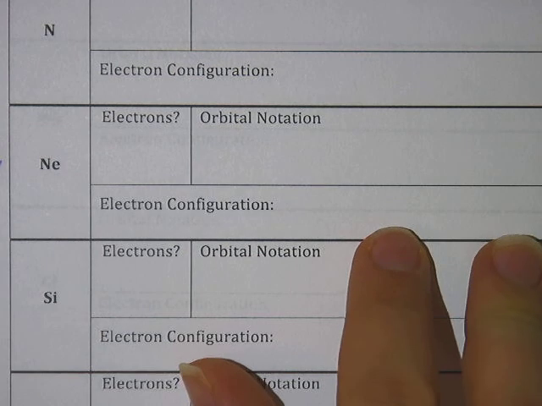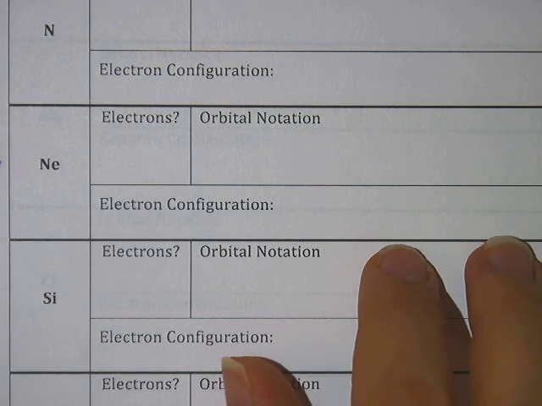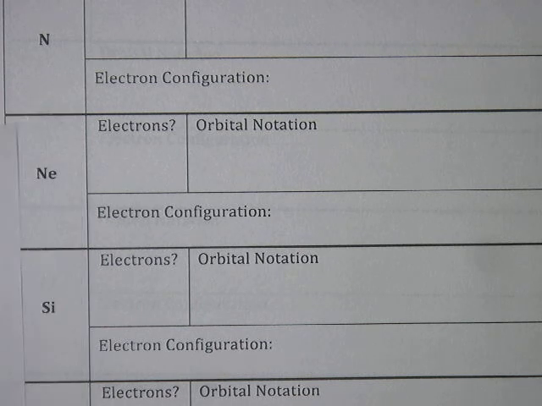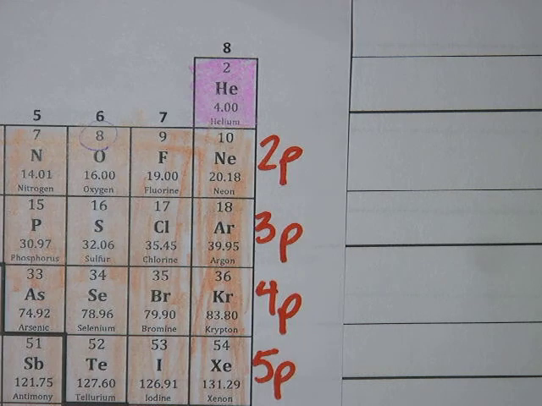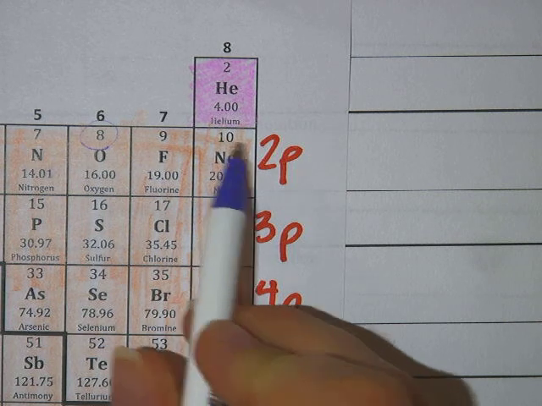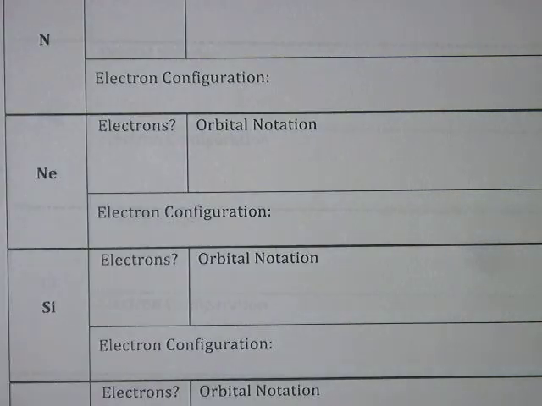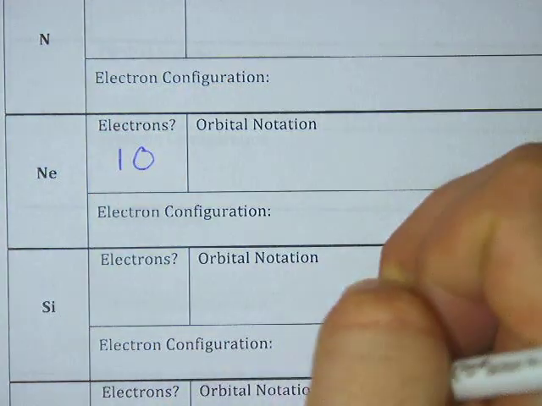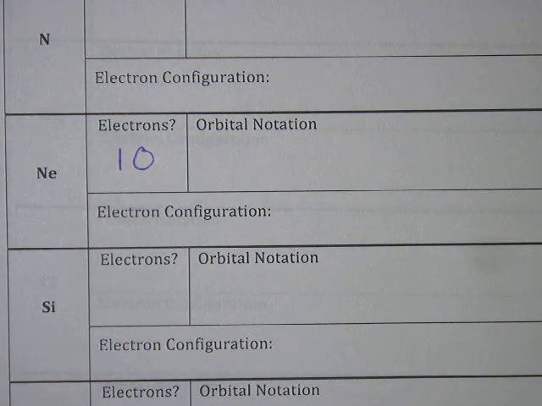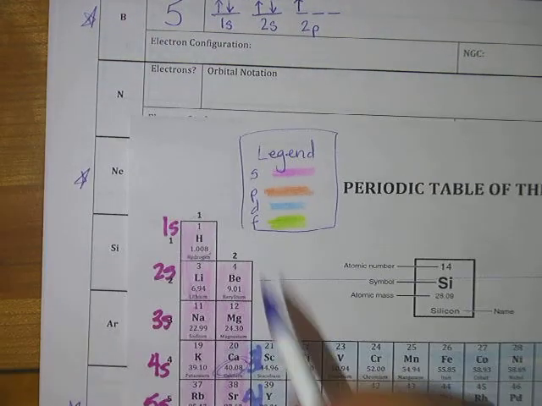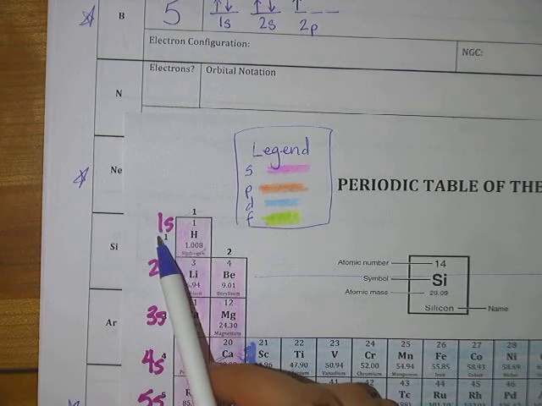Let's look at neon. Going to your periodic table to figure out how many electrons neon has. Check neon's atomic number. Neon has 10 for its atomic number. That means 10 protons and 10 electrons. Again, when I start my diagram, I always start where hydrogen is, which is in the 1s.